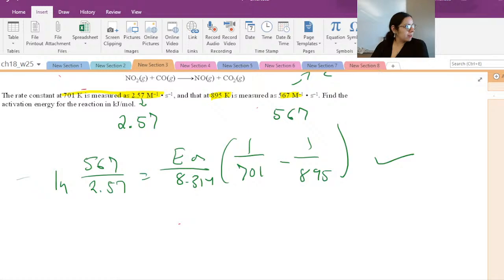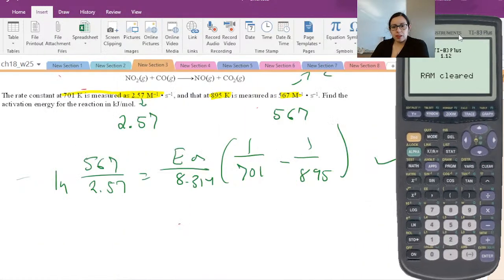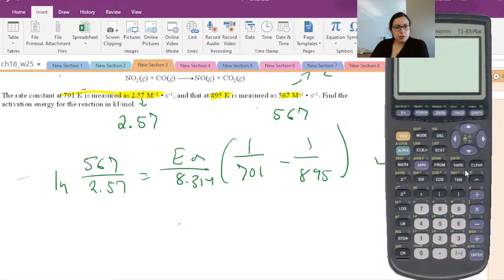Let me fire up my calculator. Again, just make sure all your buttons are functioning how you expect them to. So I'm just mathing. And then divide it by, let's see if I don't mess up this algebra.